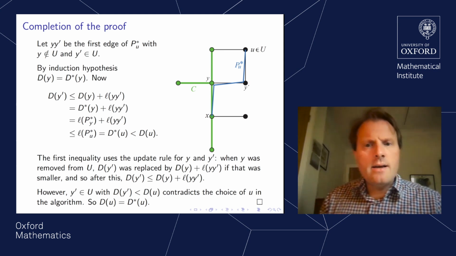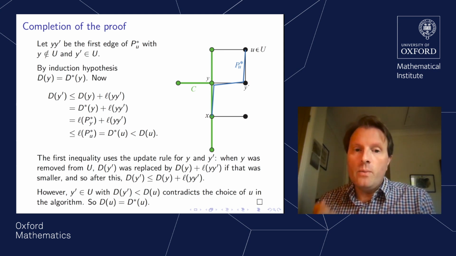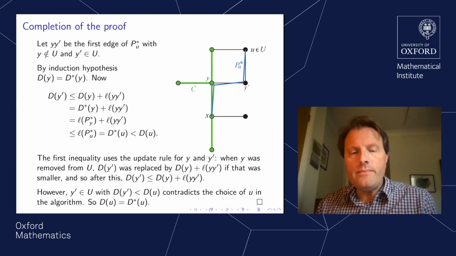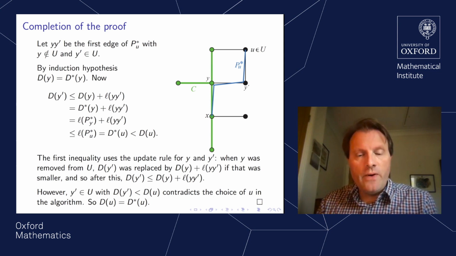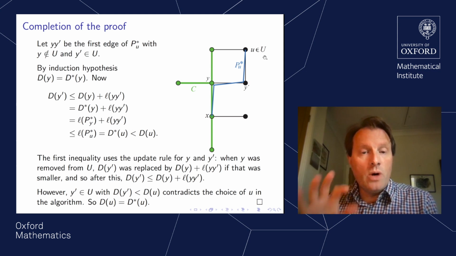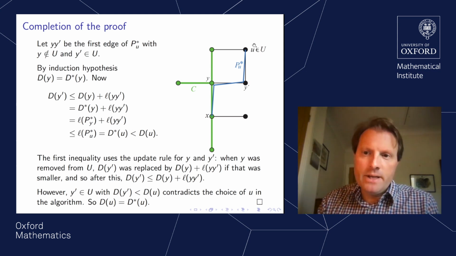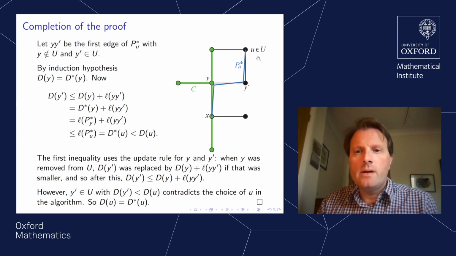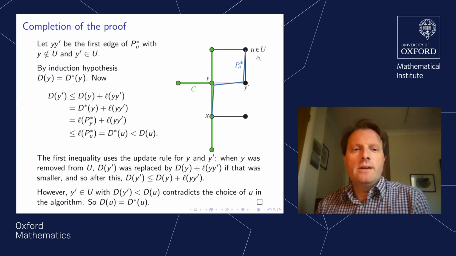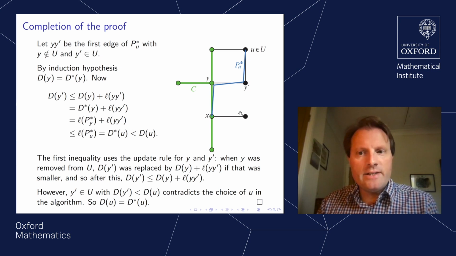So why? Well, if you remember, the way the algorithm works is it chooses to finalize the D value of a vertex in our set U with smallest possible D. And we're supposing that it's finalizing this vertex U. But it shouldn't have done, because the D value of Y primed is strictly less than it.